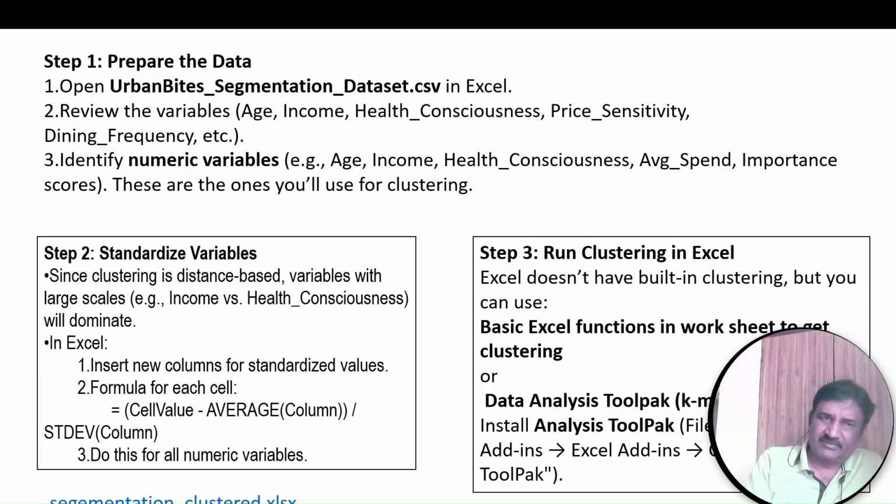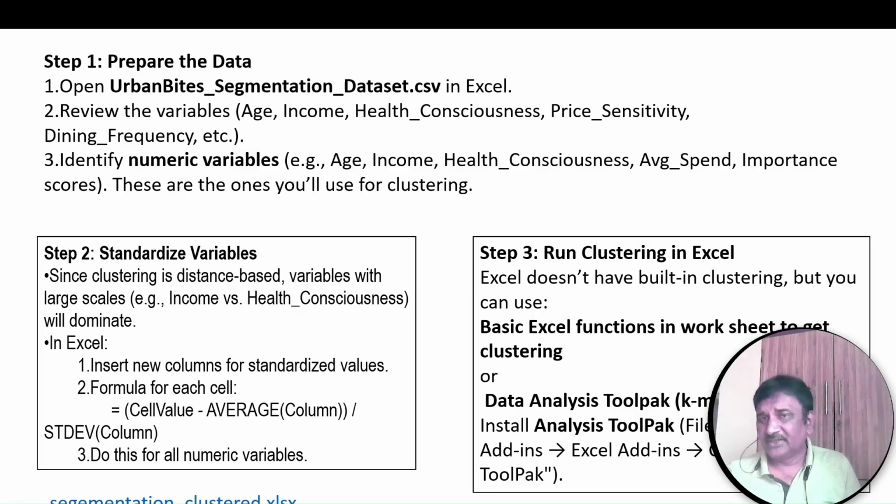I was getting the minimum and maximum for each column, worked ahead with that, and converted the data I had collected to lie between 0 and 1. Okay, so you do this for all numeric variables, then run clustering in Excel, or you may run your Python code which will take the information from the Excel sheet. All right.